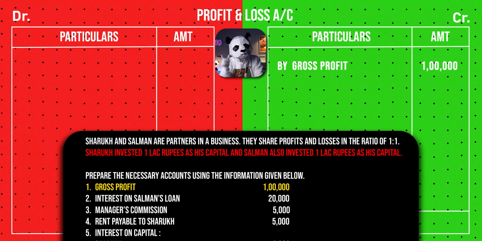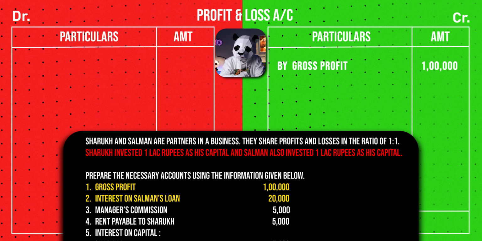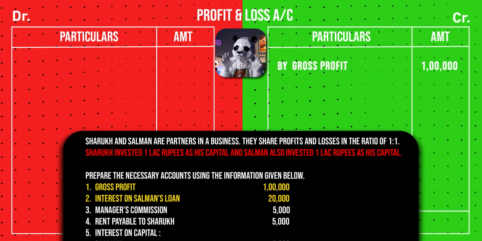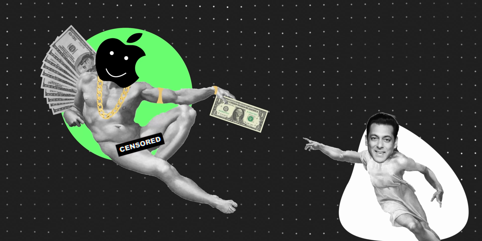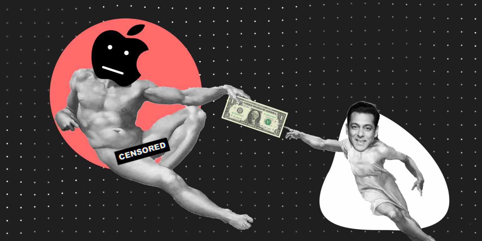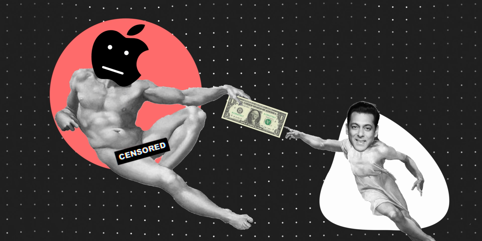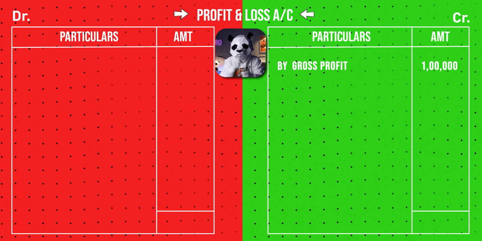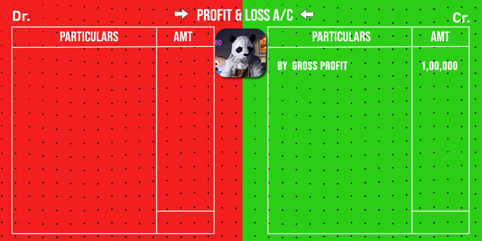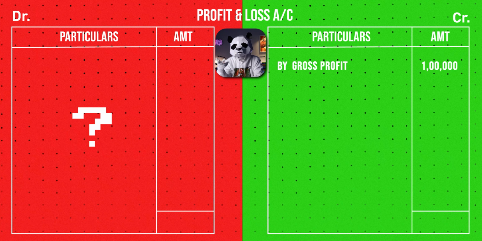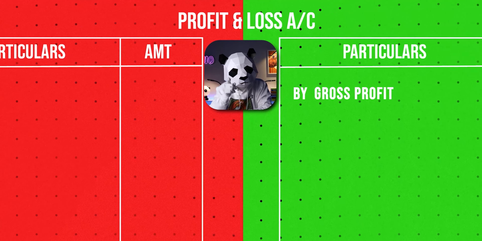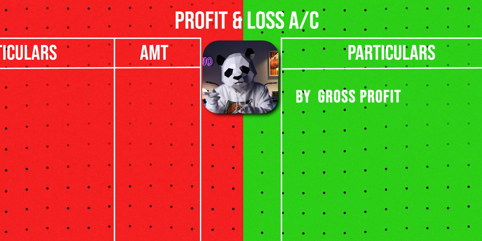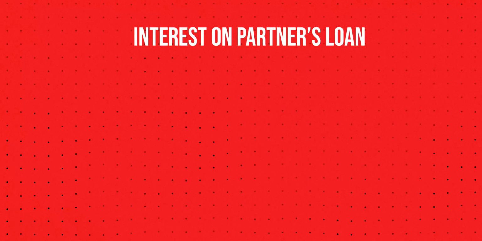The next item being interest on Salman's loan 20,000 rupees. And of course, it is compulsory to pay interest on loan whether the business has a profit or loss. Since it's always a charge, it will be written in profit and loss account. But the question is whether it will be on the left side or right side. Well, it's pretty simple. I've already told you that partners are different and business is different.